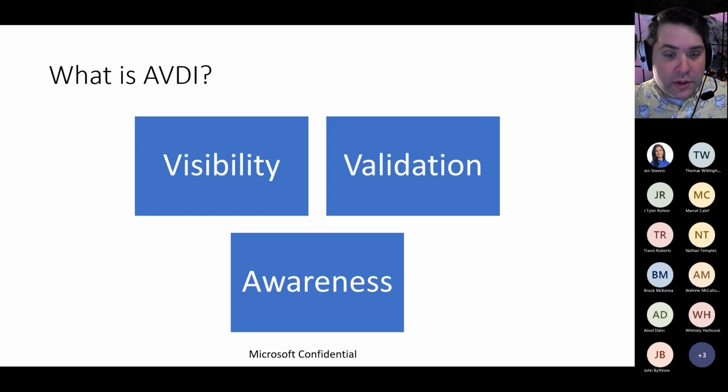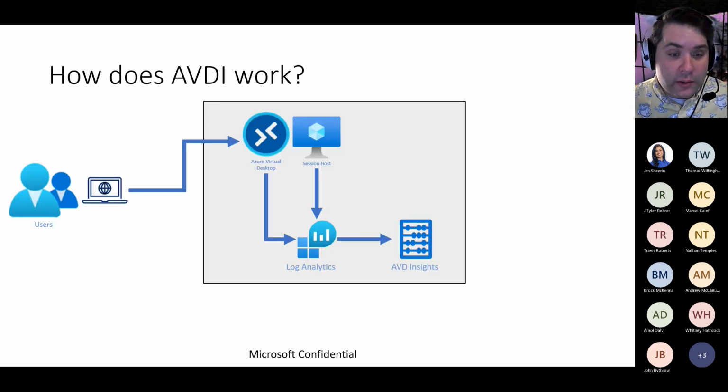So, very rudimentary question here. How does it work? So, there are a few different elements here to keep track of, but I'm sure everyone's familiar with the broad mechanisms by which AVD itself works. But in general, in our case, there are two data generating elements. There's the Azure Virtual Desktop resources themselves.